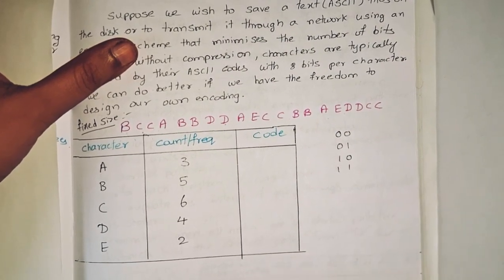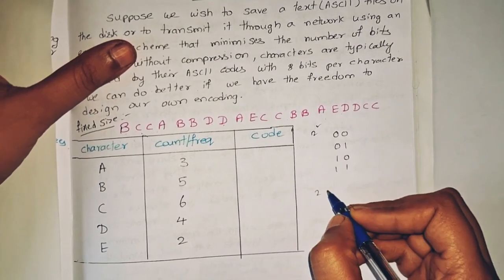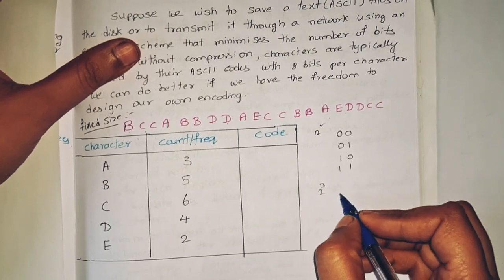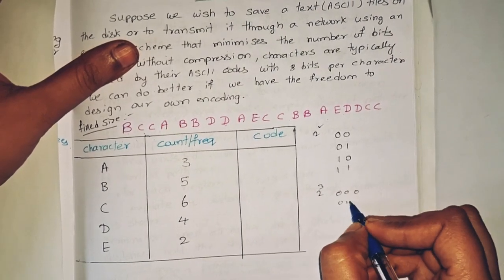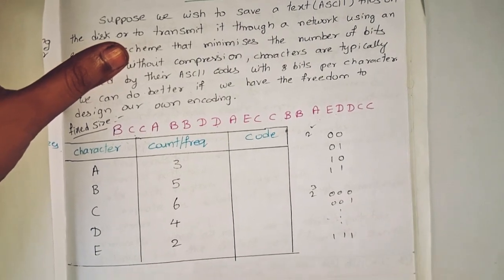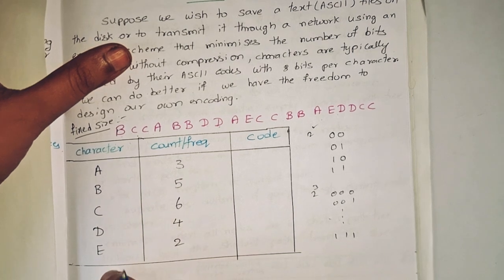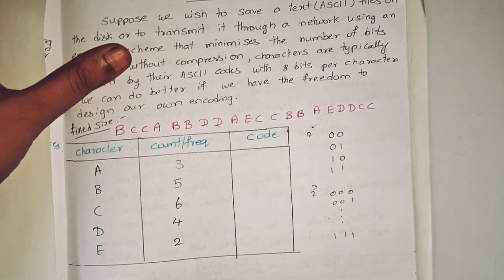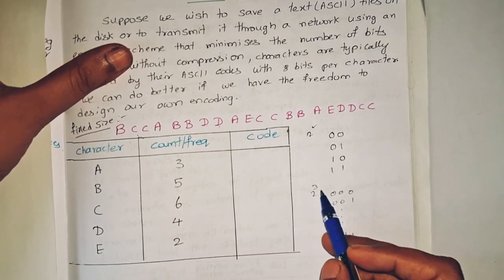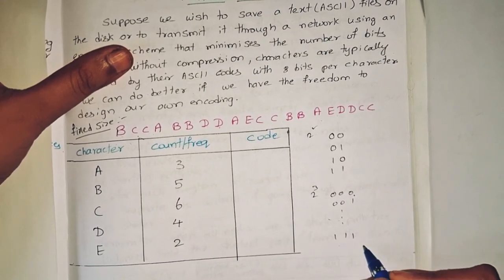We have 2 cube, that is 8 combinations we can represent. 0 0 0, 0 0 1 and so on, up to 1 1 1. Here I have 5 characters, A, B, C, D and E, so 5 characters I have to represent. For representing 5 characters, 2 power 3 is enough, 0 0 0 to 1 1 1.